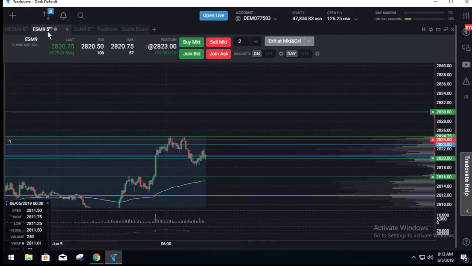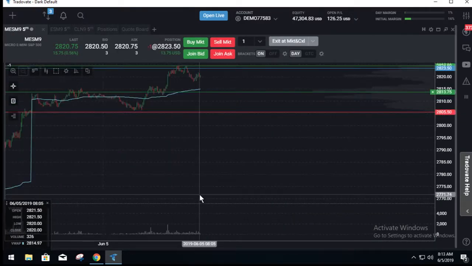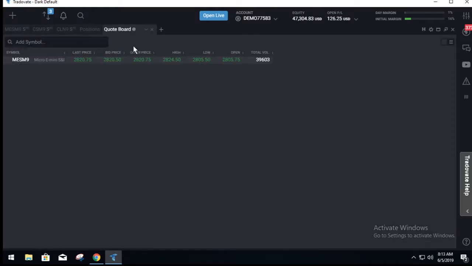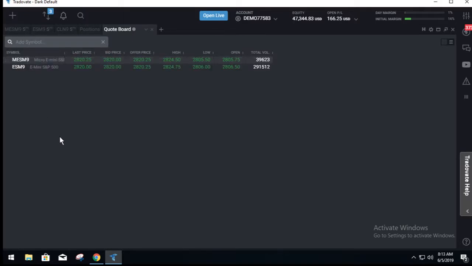On these ESM, these micros, you're using a site to monitor what is the quote price on the micros versus the major ES, and see what the volume looks like. So we see a lot of volume overnight.